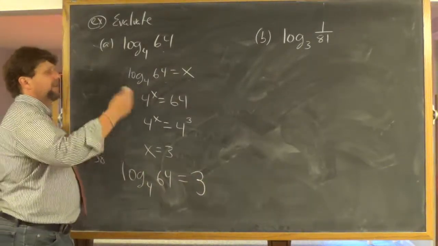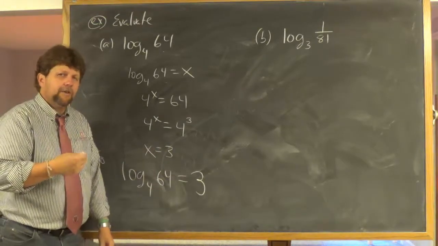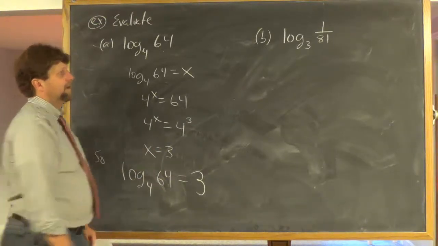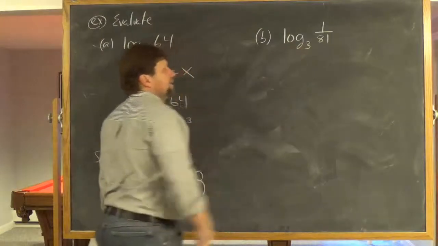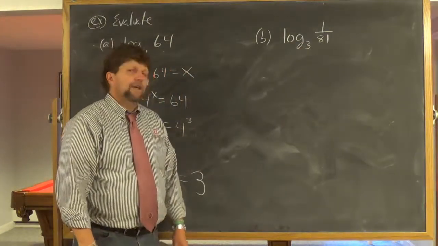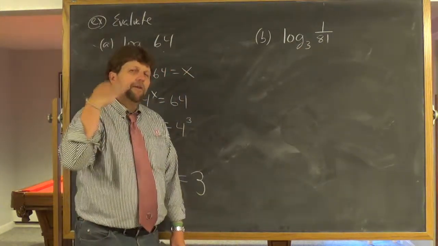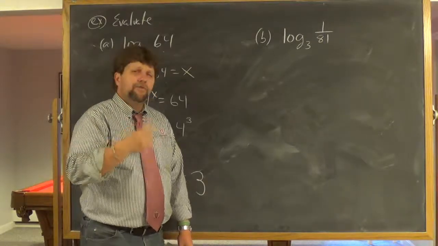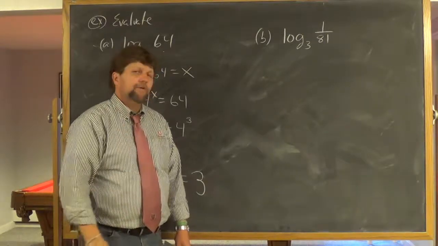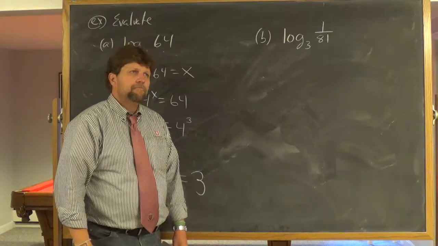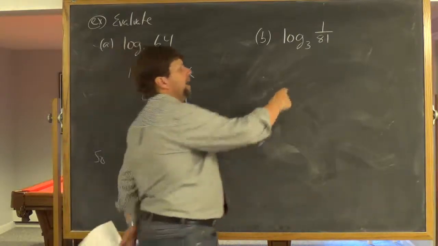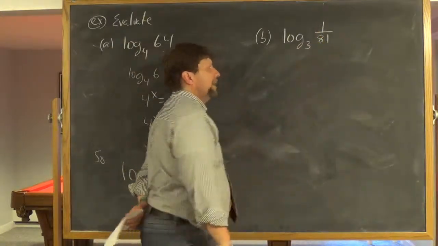Just knowing that a logarithm is related to an exponent can take you so far. So when I look at this one here, log base 3 of 1 over 81, I'm already thinking, 3 to what power will give me 1 over 81?